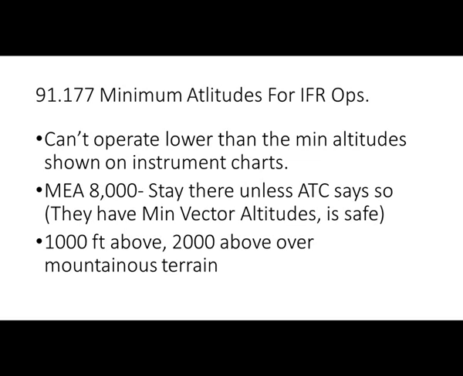They have minimum vector altitudes that are usually below the MEA. So don't be surprised if they tell you to descend to a certain altitude, and you see on your chart that it's below the MEA. That's because they're using minimum vector altitudes. You can find those online.